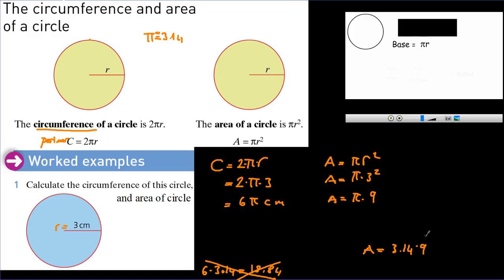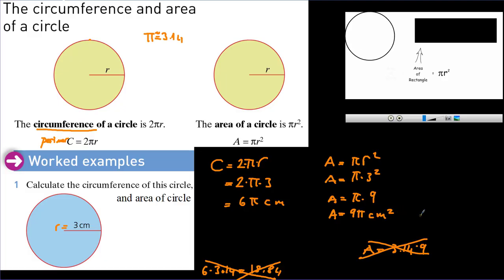We are going to keep pi as pi, and we are not going to multiply it, and the answer comes up as area is equal to 9 pi centimeter square.